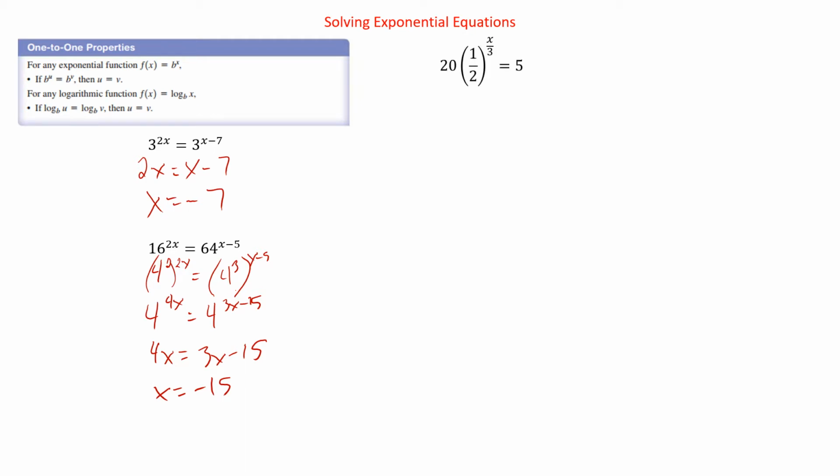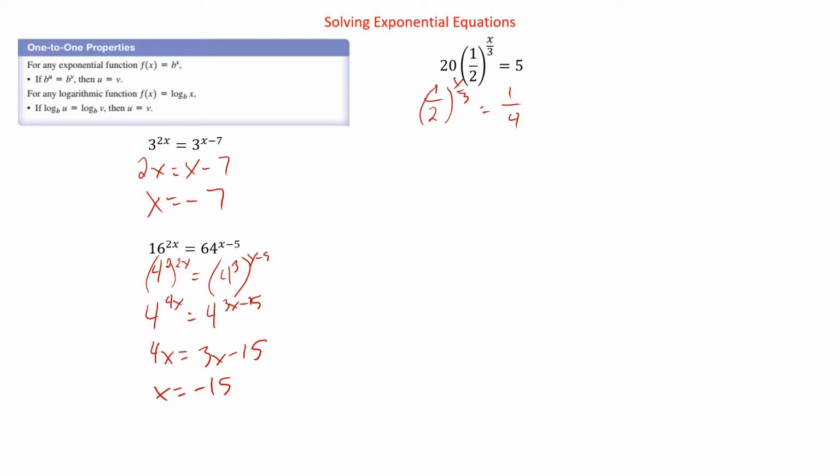Sometimes we'll get something like this, and it's not in that situation at all, or at least it looks like it. Well, when we're solving anything like this, we want to get the something to the power equals a number. So here we could divide both sides by 20. So we have 1/2 to the x over 3 is going to equal 5 over 20, which reduces to 1/4.